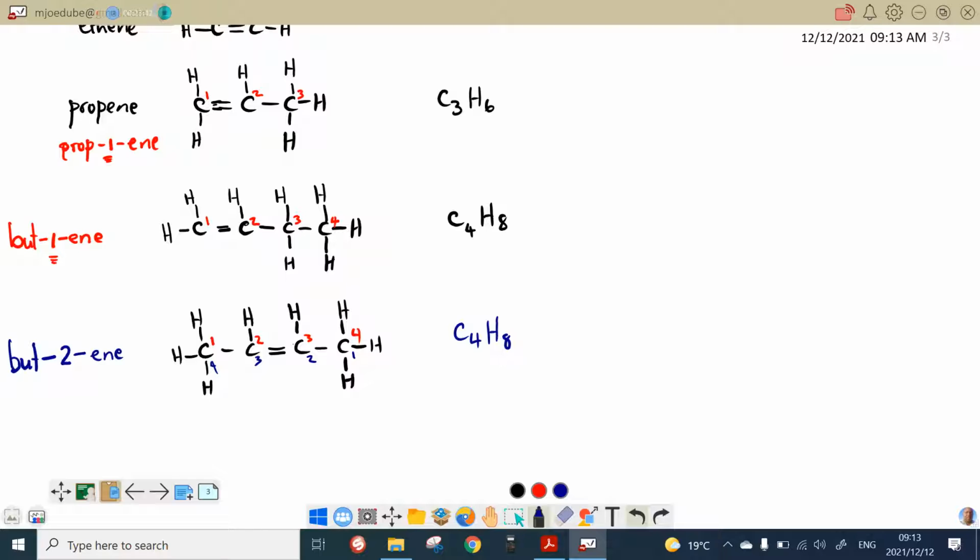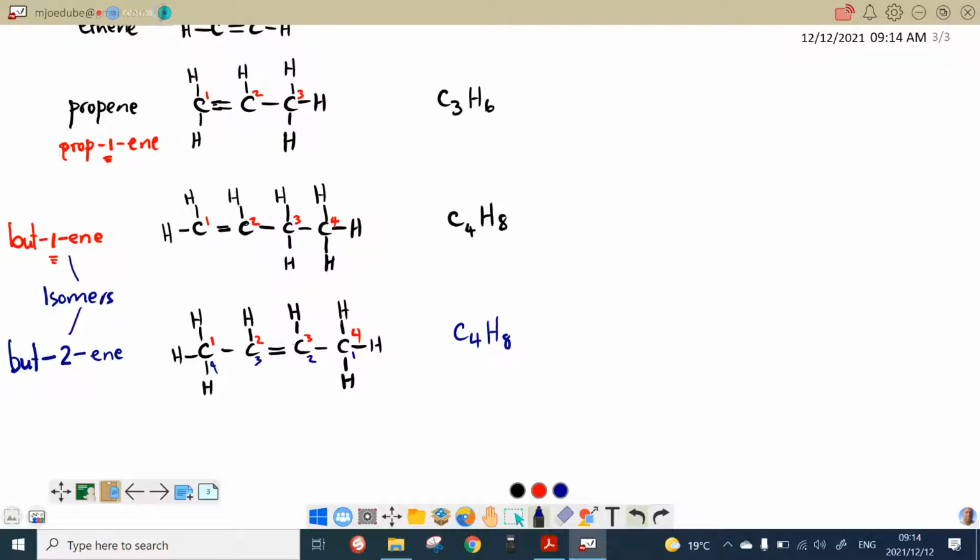And they're going to have different physical properties as well. So these are referred to as isomers. These are substances which have the same chemical formulae but different properties, and they are referred to as isomers, right? But we'll talk about isomers in the next lesson.